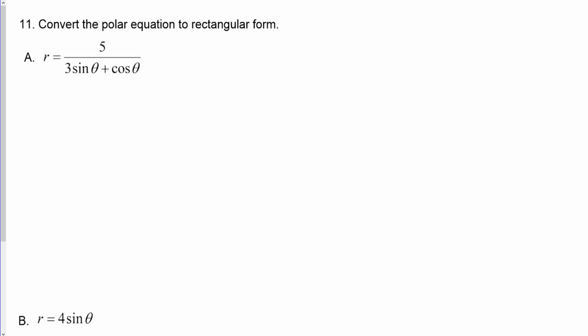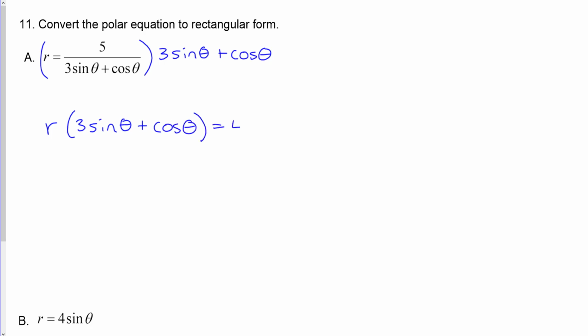Number 11, convert the polar equation to rectangular form. So we're just going in the other direction, but using the same transformations. So for A, what I'll do first is just multiply both sides of this by 3 sine theta plus cosine theta. So that would give me r times 3 sine theta plus cosine theta equals 5.